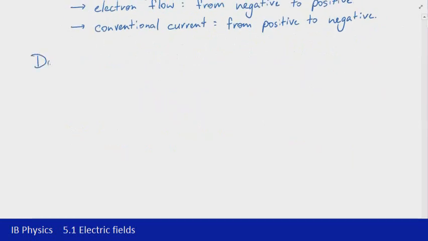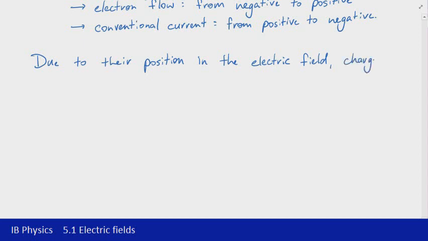Now, due to their position in that electric field, charge carriers are going to have electric potential energy. Now, the idea of electric potential energy is a really important one to try and wrap your mind around. The idea is not too dissimilar to gravitational potential energy. So in gravitational potential energy, if you lift a mass and raise it against the gravitational field, that mass is going to gain gravitational potential energy.